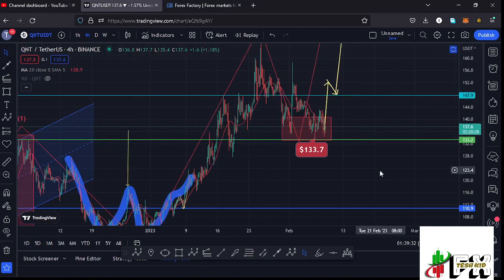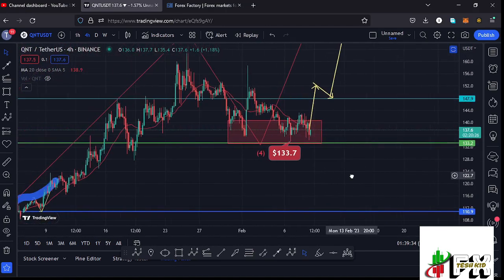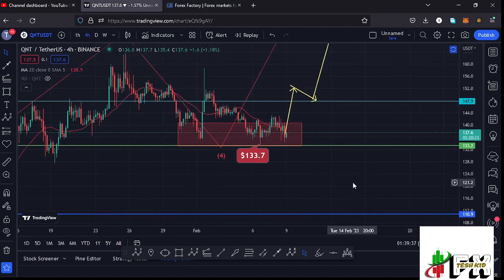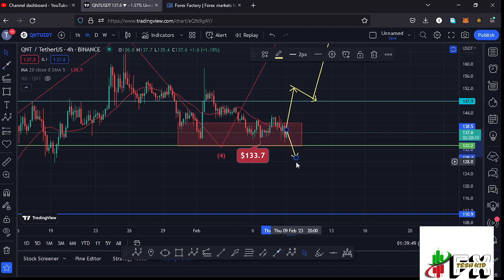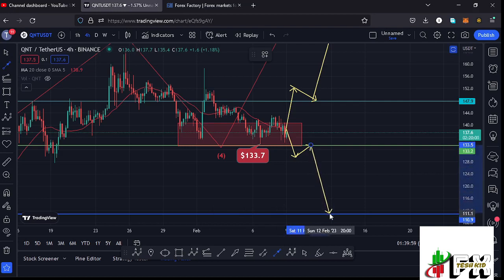Given that we are trading below the 20-day MA here on the 4-hour chart, which is now acting as resistance, we have the risk of continuing to push even lower, get back to the key area of support at around the $133.2 mark, and upon losing this key area of support, that could trigger a move that is giving us the worst case scenarios, where I'll be expecting to see a retest of that key area of support, and once the retest is in, we can continue pushing even lower, unlocking lower prices, and maybe get us back to around the $110.9 mark, which is our next significant key area of support here on the charts.